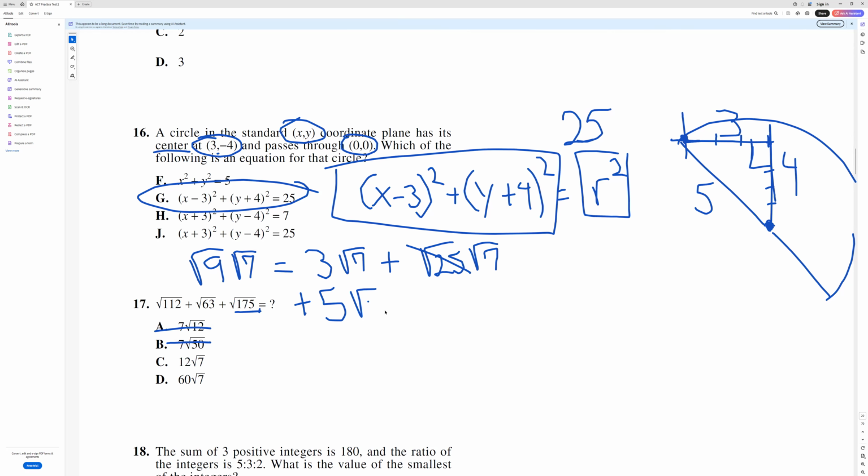And 3 plus 5 is 8. So far, subtotal is 8 radical 7. We can see that 60 is too much, so it has to be smaller than 5 radical 7. So it's probably 4. So 8 plus 4 is 12 radical 7. You can see that this is too big. So C is your answer.